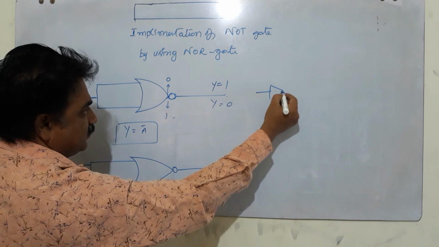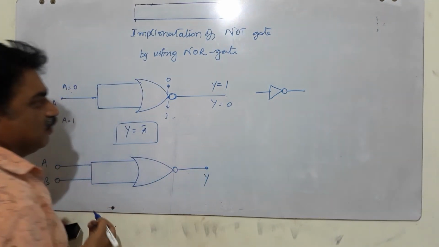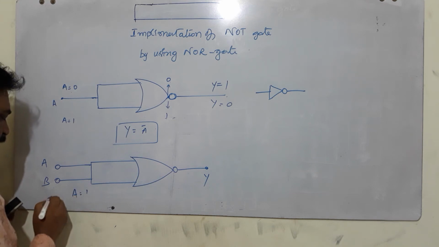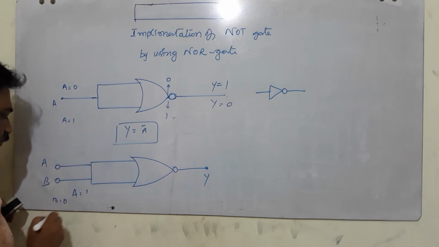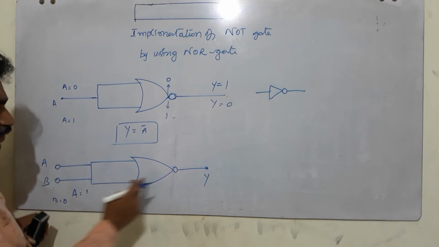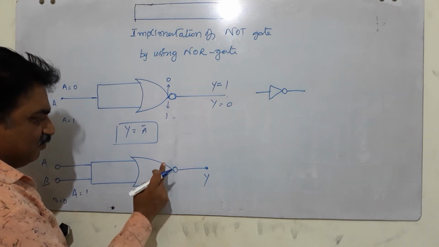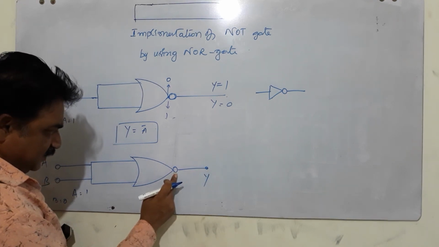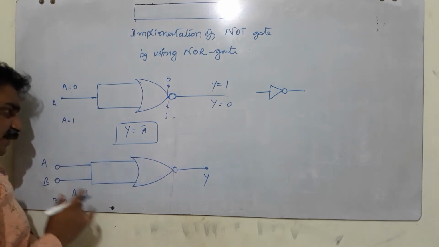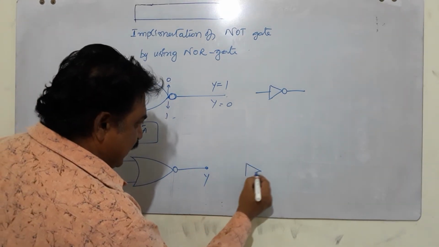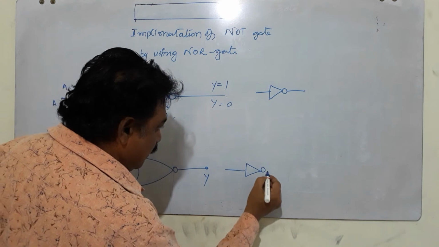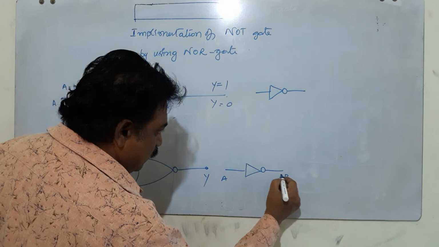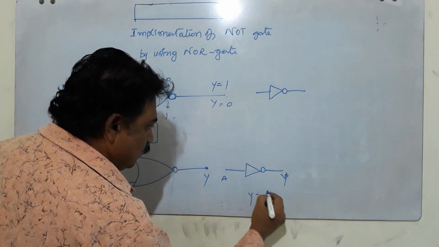This whole system is behaving like NOT gate. Here also, if A is equal to 1 and B is equal to 0, consider about A only. What is the output for OR gate? 1. This 1 is converted as 0 by using this NOT. So simply, this is also acting like a NOT gate, and whose Boolean expression is y is equal to a bar.